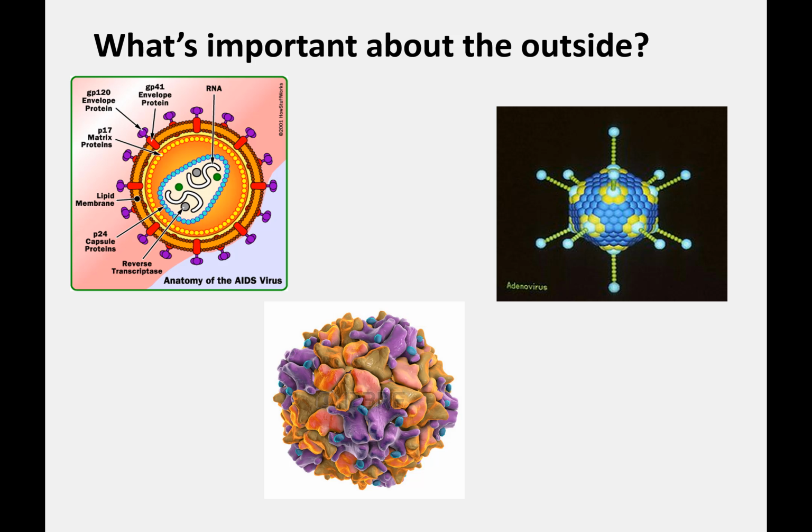So why do we care about the outside of the virus? That's because this is leading to the first step of infection, which is called attachment, or binding to the receptor.